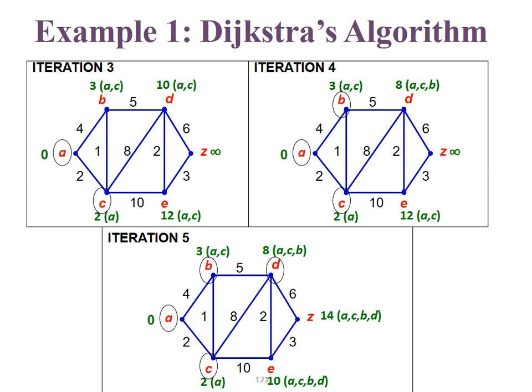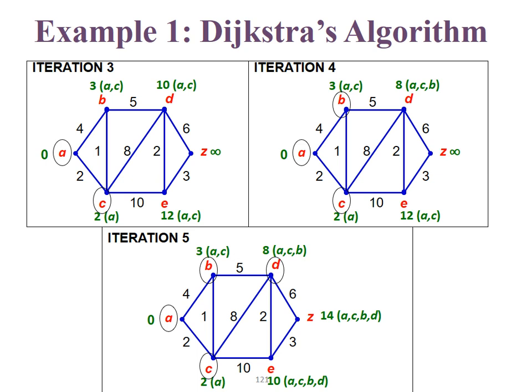Once we include B in the set, B cannot reach E, so we remain the distance for E as 12 and Z for infinity. Alright, now we have only 3 candidates. D is 8, E is 12, Z is infinity. So to choose the minimal length, then we choose the candidate D in this case.